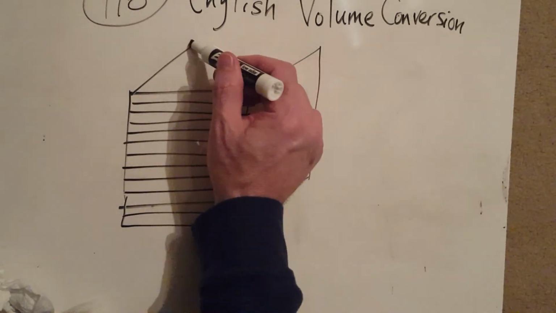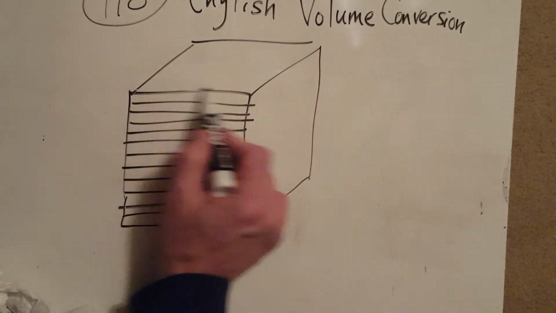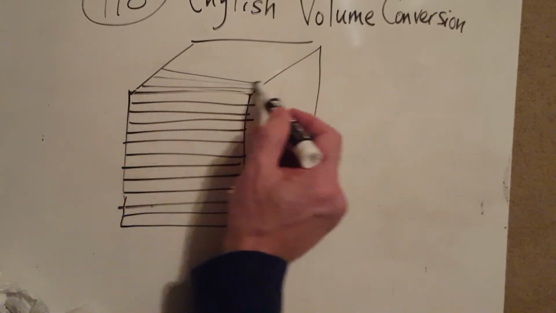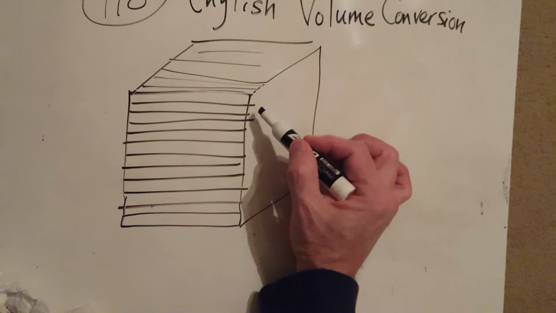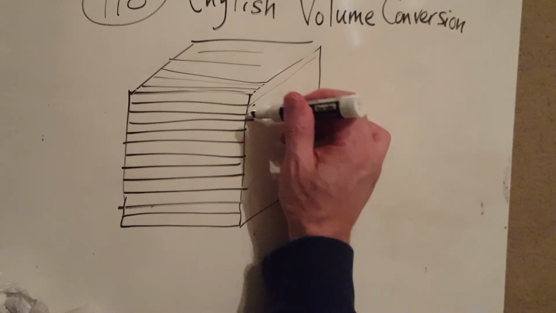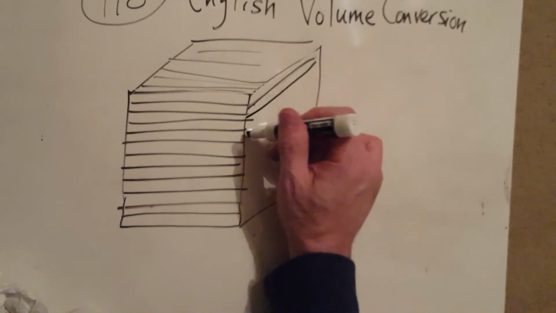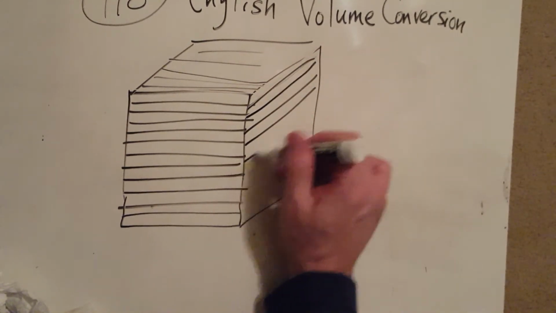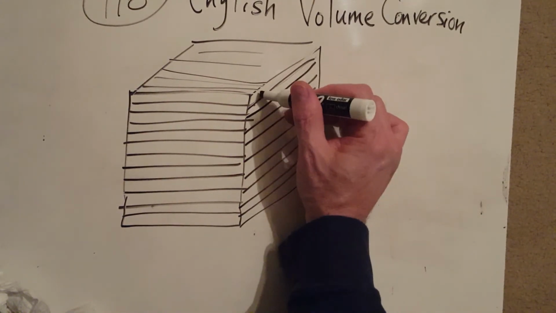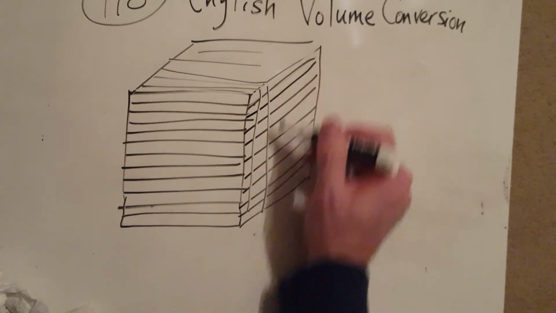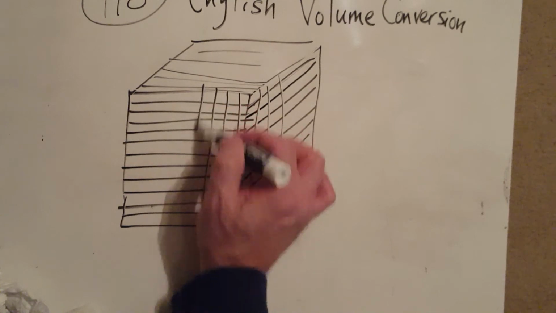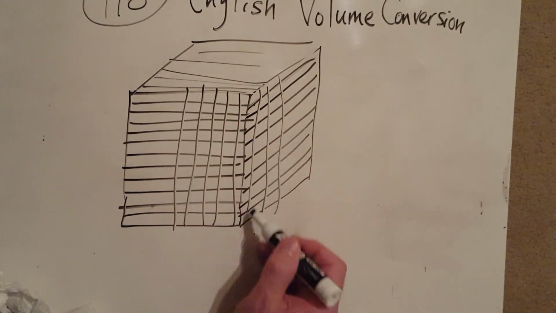And here's this. And so, likewise, you had 12 inches on that dimension and 12 inches on this dimension. I'm not doing a great job of drawing that. But basically you can envision a stack of 1 inch cube boxes, right?